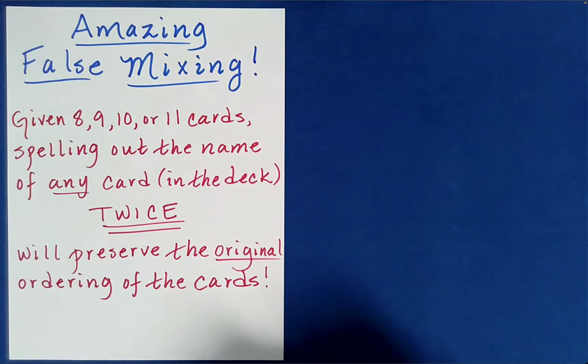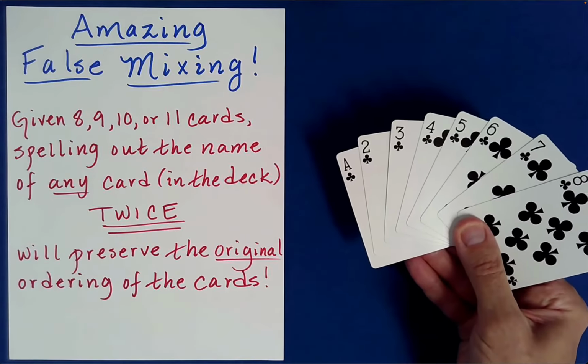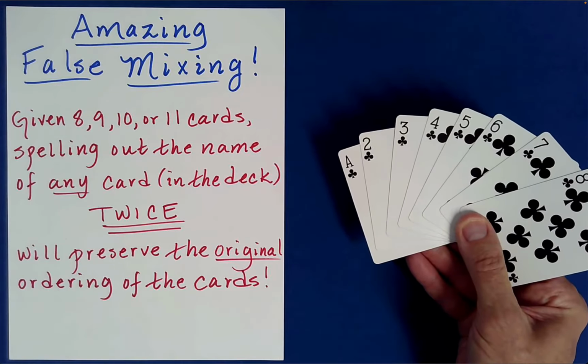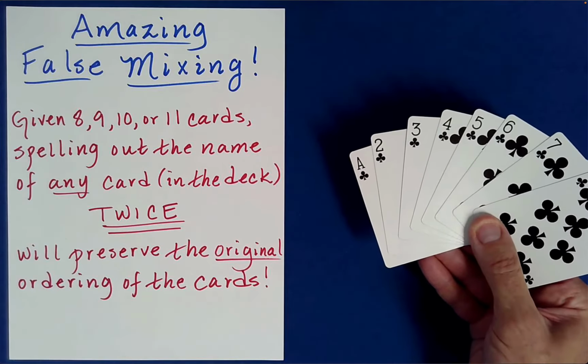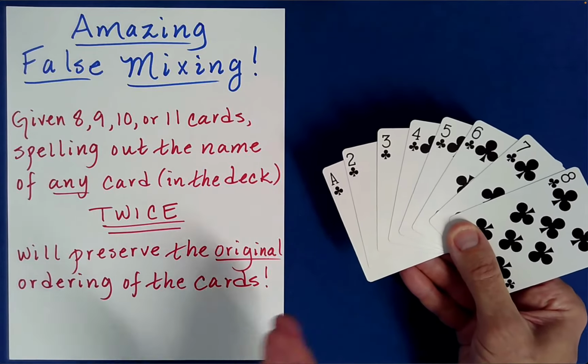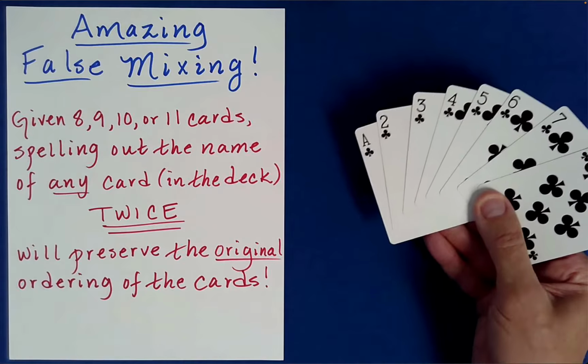Okay, so I have here a packet of 8 cards in sequential order in clubs. This will enable us to see whether or not we succeeded in preserving the original order of the cards. Okay?